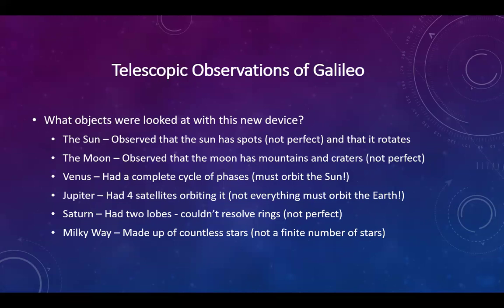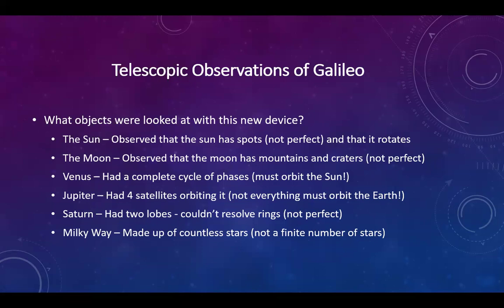He looked at the moon. He observed the moon had mountains and craters, so it wasn't perfect. This was poking holes in this idea that the heavens were this perfect celestial sphere. He observed that Venus had a complete cycle of phases. So this is not what you'd see in a geocentric model of the universe.